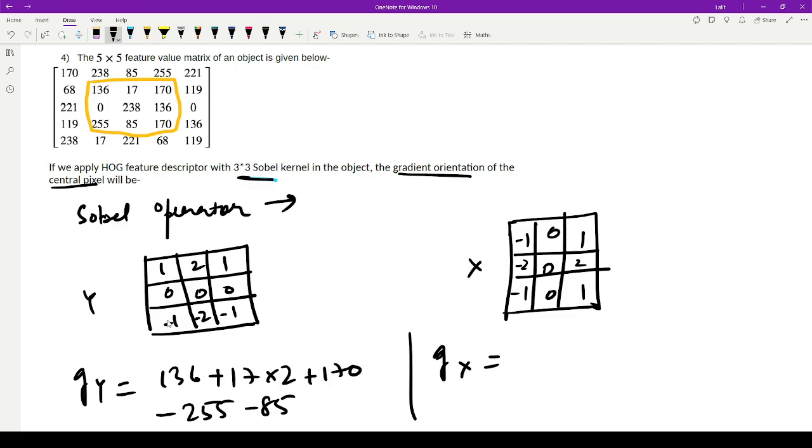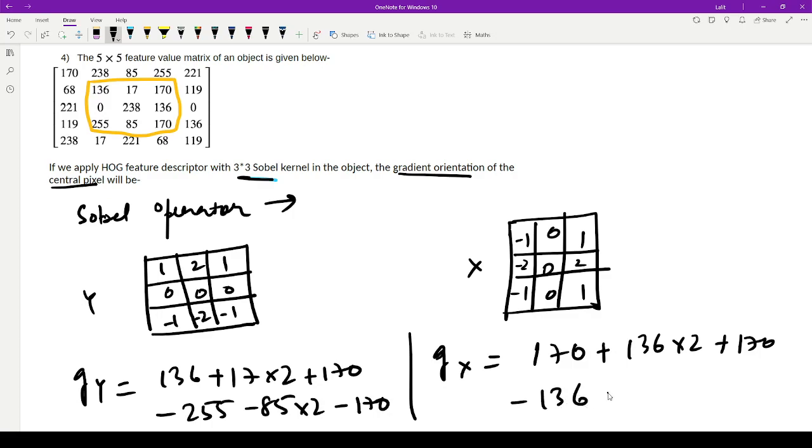This is 255 into minus 1, 85 into minus 2, and 170 into minus 1. This is how you compute the gradient along the y direction. For x, it is 170 plus 136 into, taken this part. Now I'll take this part. So this minus 136 minus 0 minus 255.